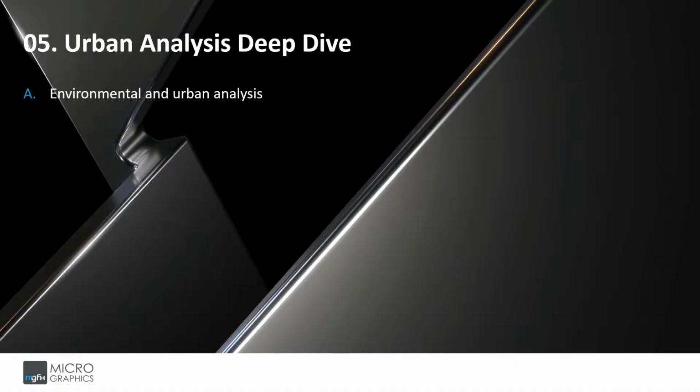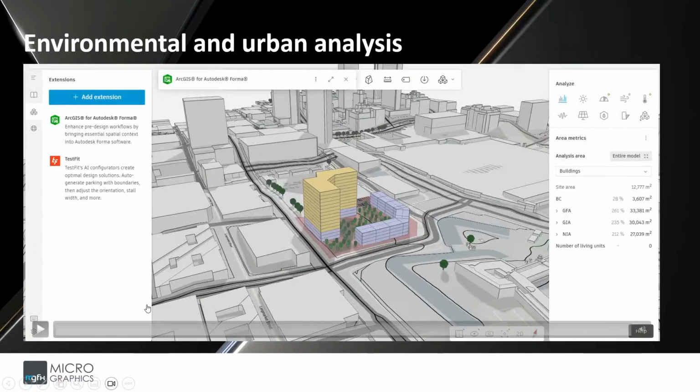Having the layers is one thing, but utilizing those layers is another important aspect. So in this section, we're going to look at the urban analysis deep dive. We will demo how the environmental and urban analysis functionality work, and this is all based on what we've already done. Okay, let's go.